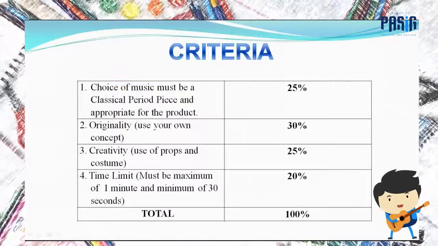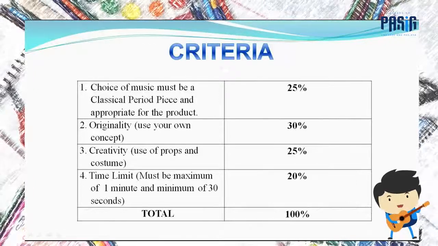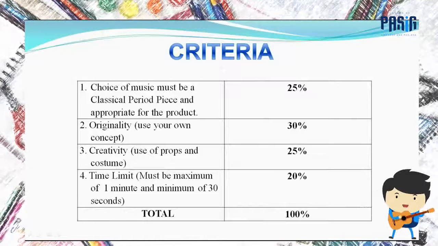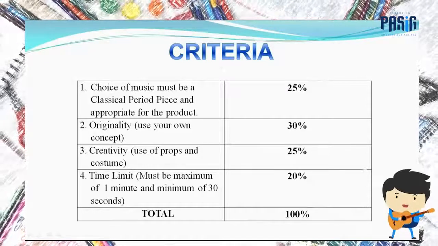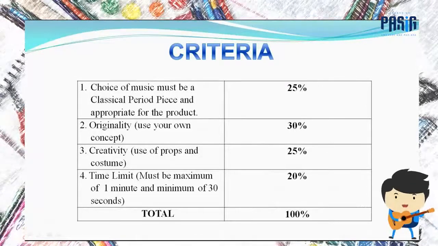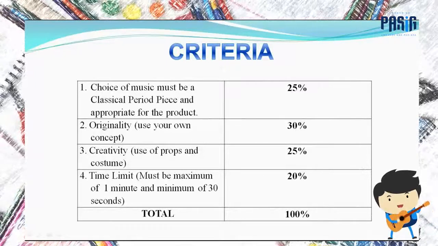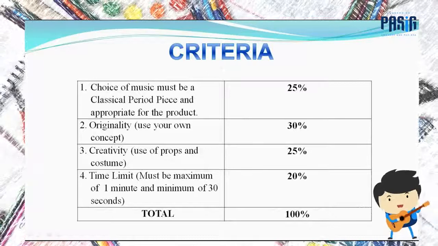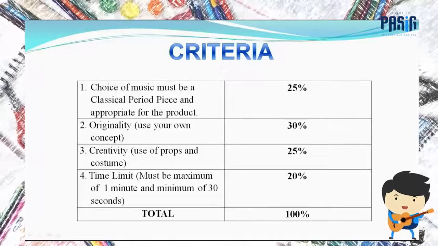Number 1, the choice of music must be a classical period piece and appropriate for the product. That is 25%. Number 2, originality, the use of your own concept. That is 30%.